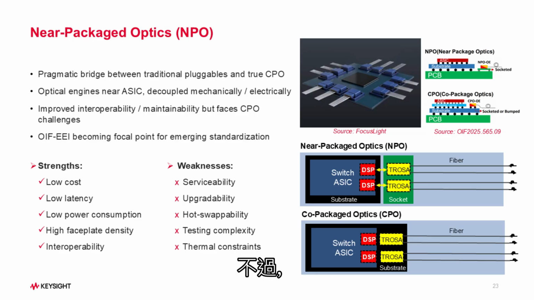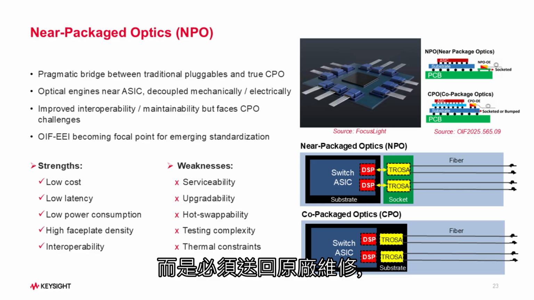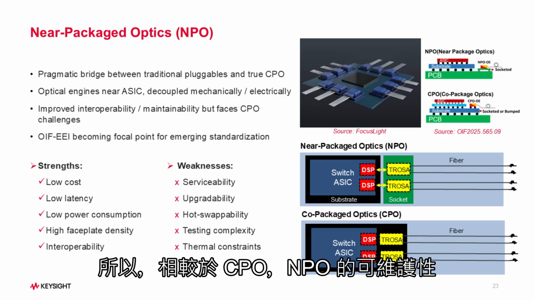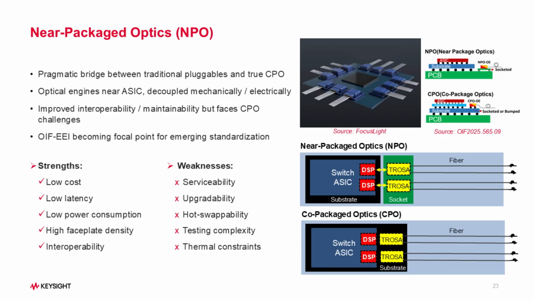Having said that, that is not an operation that happens in the data center. That's a return to the manufacturer process, which is still very expensive. So maintainability is improved over CPO, but it's not great. It's not as convenient as pluggables.